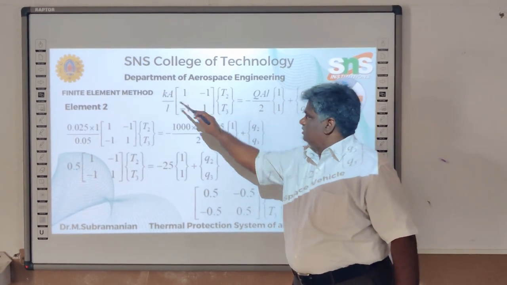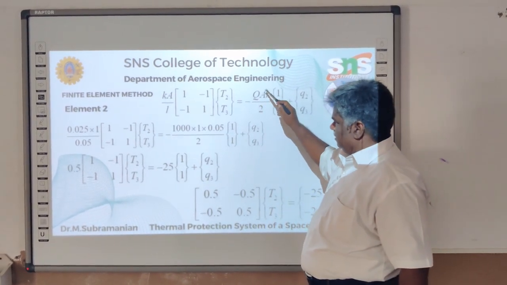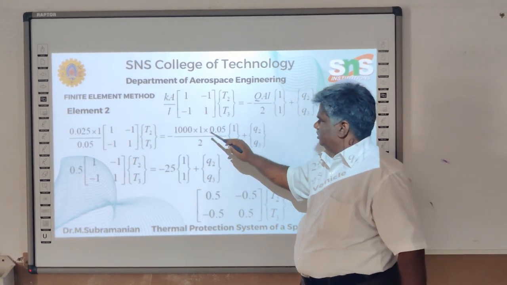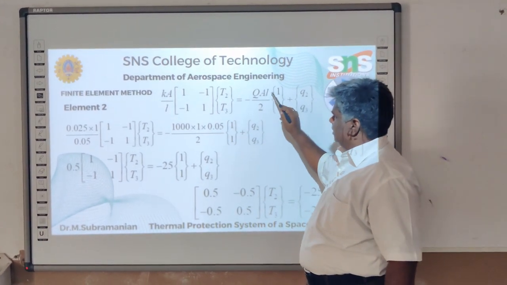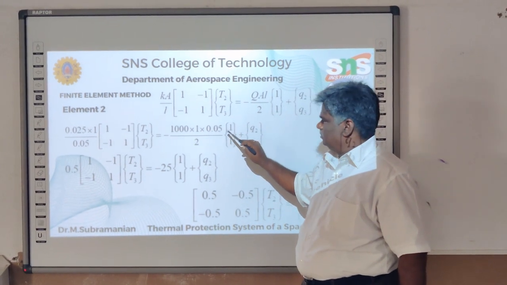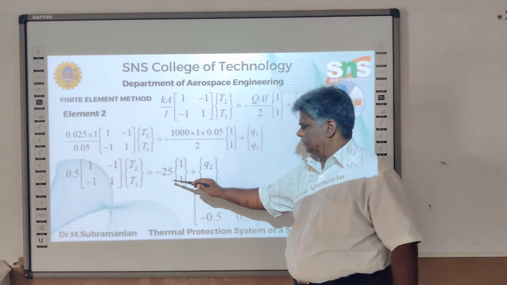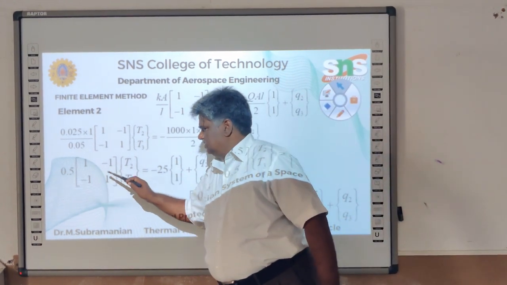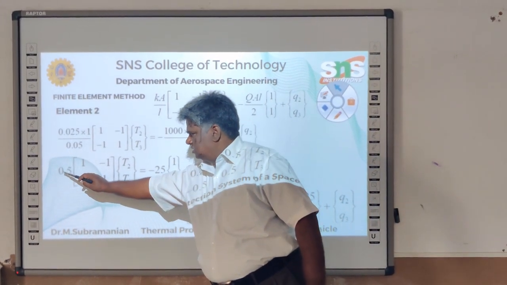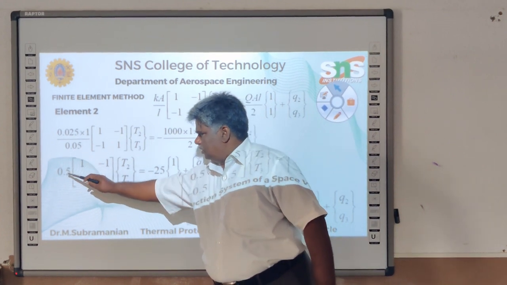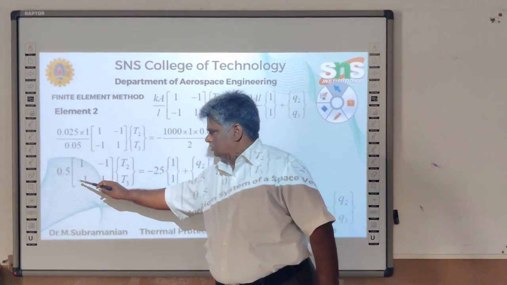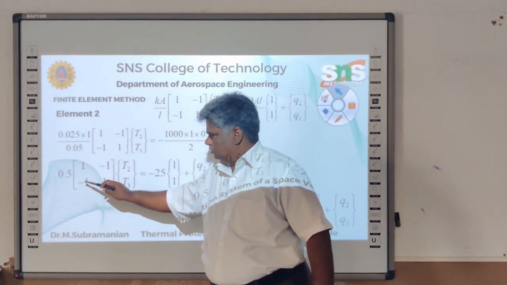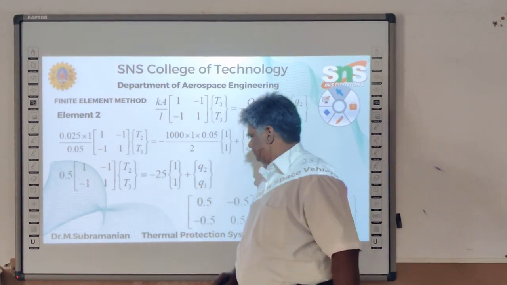Similarly, Q is the internal heat generation, 1000, the area is 1, and the length of the element is 0.05, divided by 2. Simplified, that is 25. Here the stiffness is 0.5, then put it inside the 2 by 2 matrix: 0.5 into 1, 0.5 into minus 1, 0.5 into minus 1, 0.5.